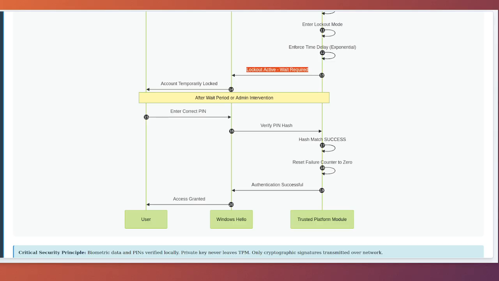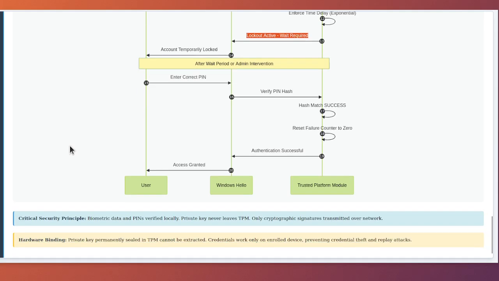This provides strong protection against stolen devices being compromised through PIN brute force attacks. When a user finally enters the correct PIN, the TPM verifies the hash match, resets the failure counter to 0, and proceeds with the normal authentication flow, unlocking the private key for cryptographic operations.